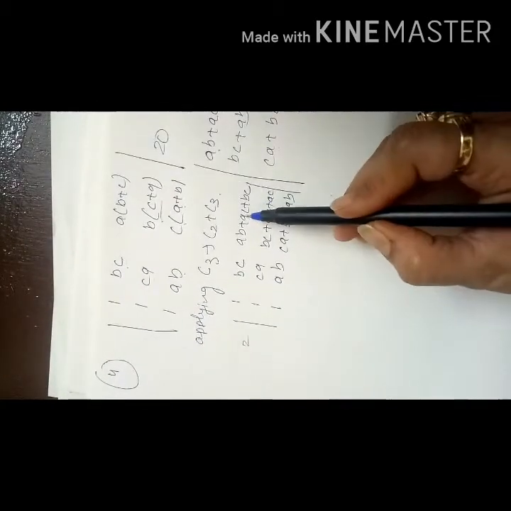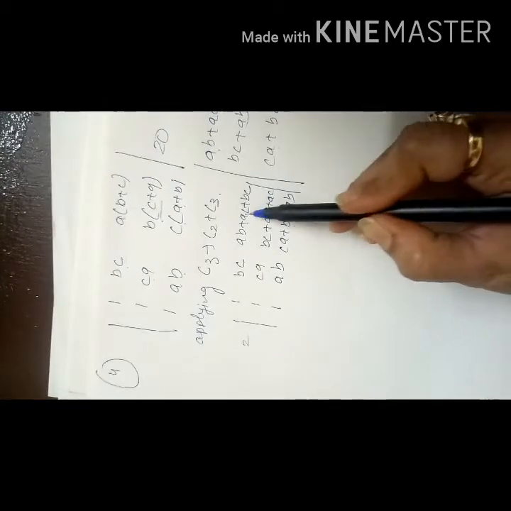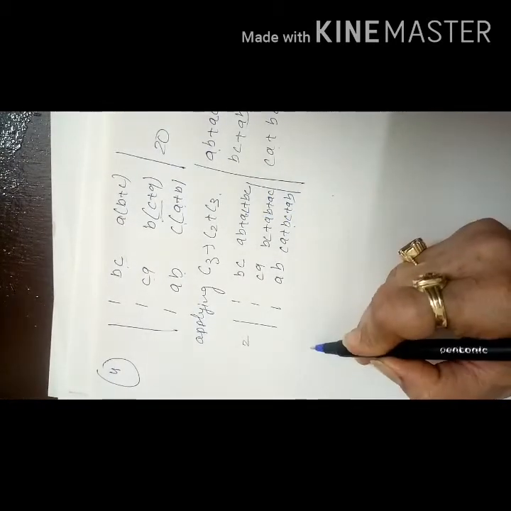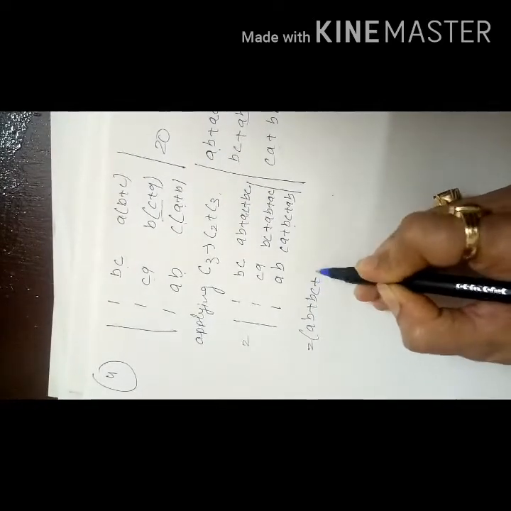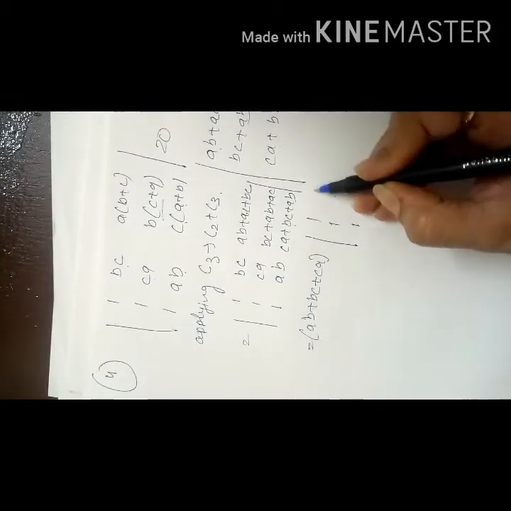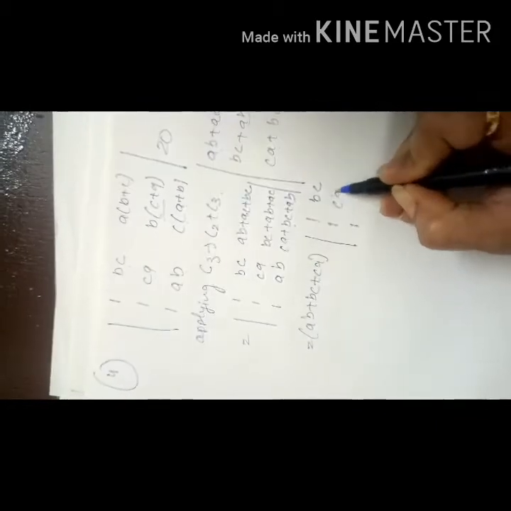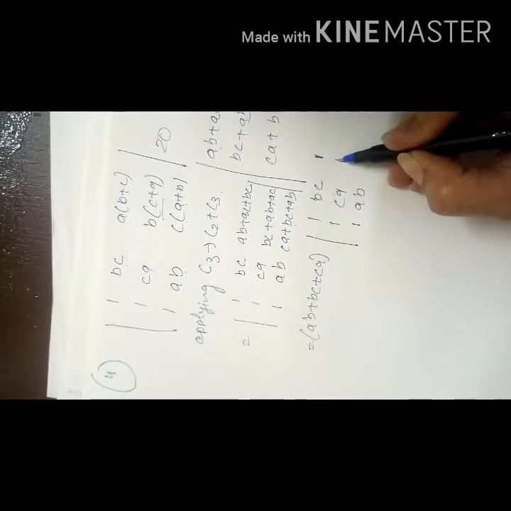Now all of C3 is the same, so we can take it as common, AB plus BC plus CA. Now what do we get? 1, 1, 1. Then BC, CA, AB. If we take common, what is left?